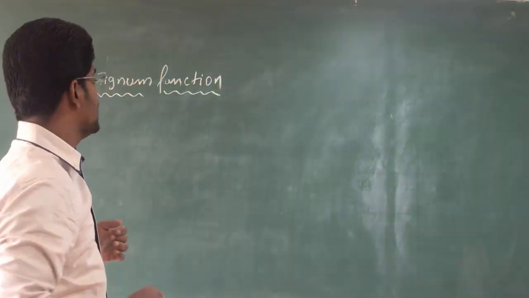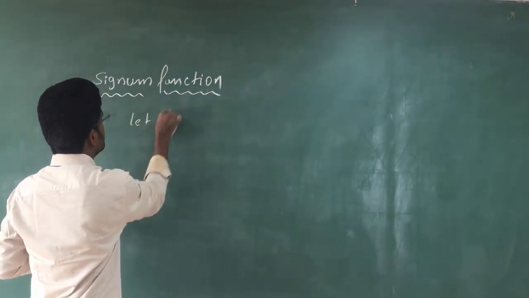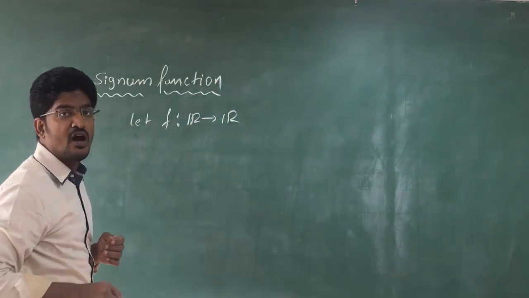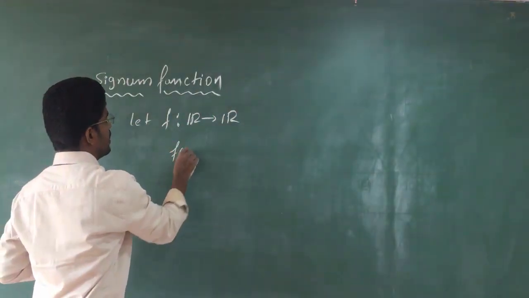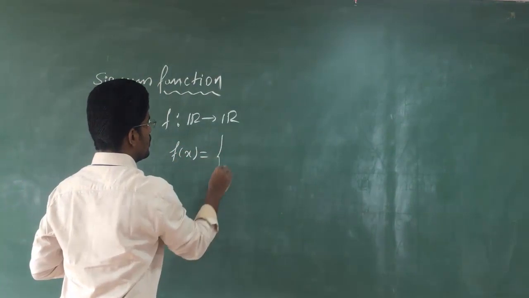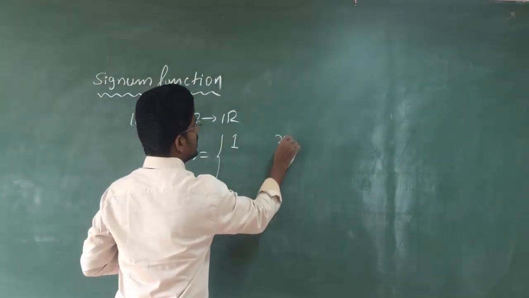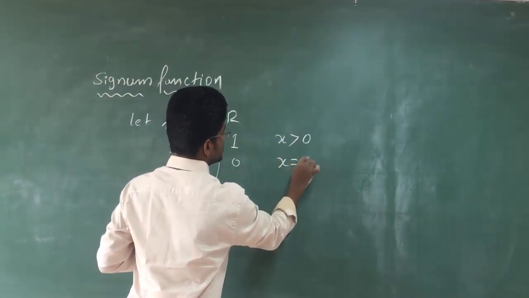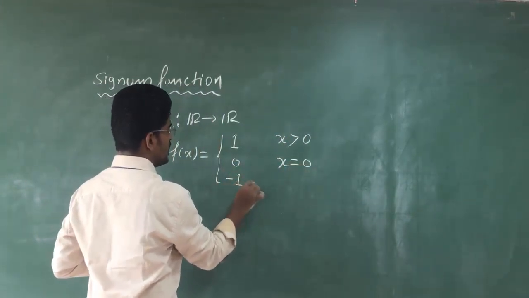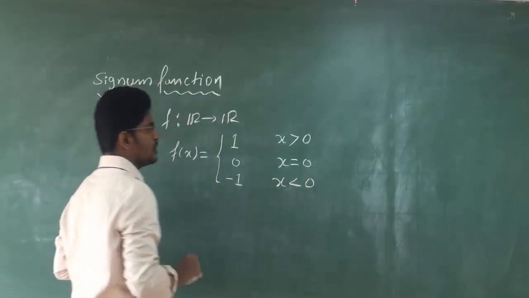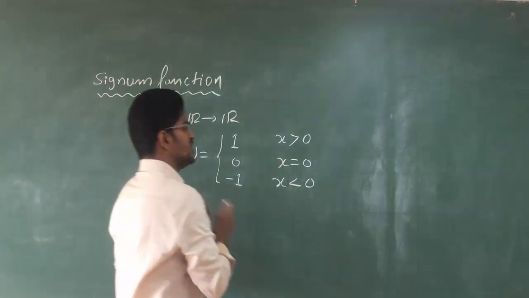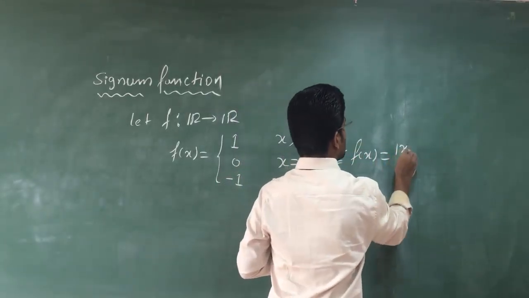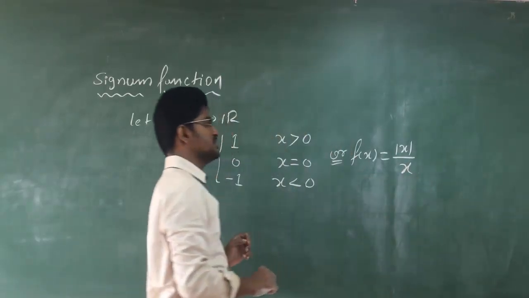So here what they say, let f be a function from R to R, defined by f of x equal to positive 1 whenever x is greater than 0, 0 whenever x is equal to 0, minus 1 whenever x is lesser than 0. Clear? So the same function is also written as f of x is equal to mod x divided by x.